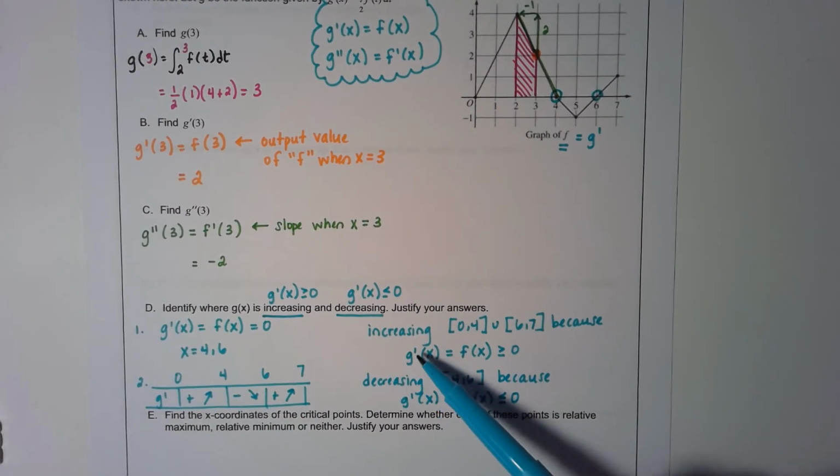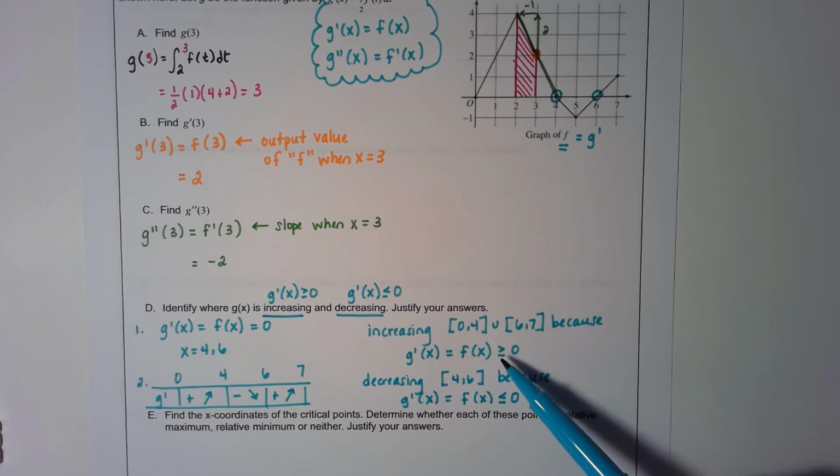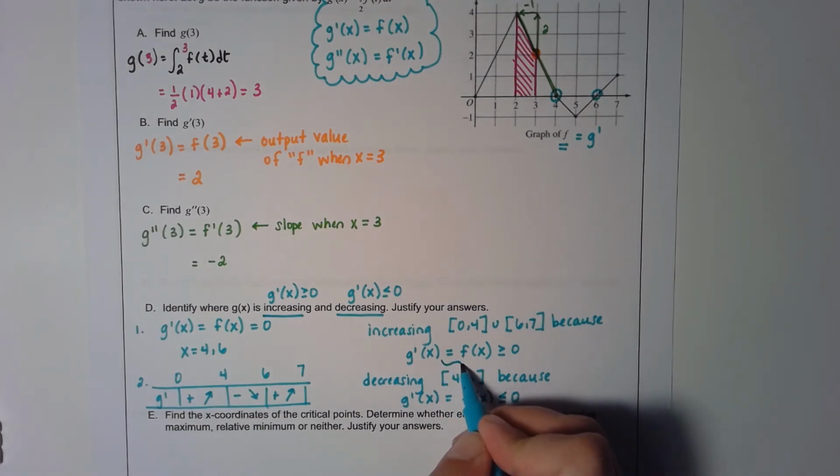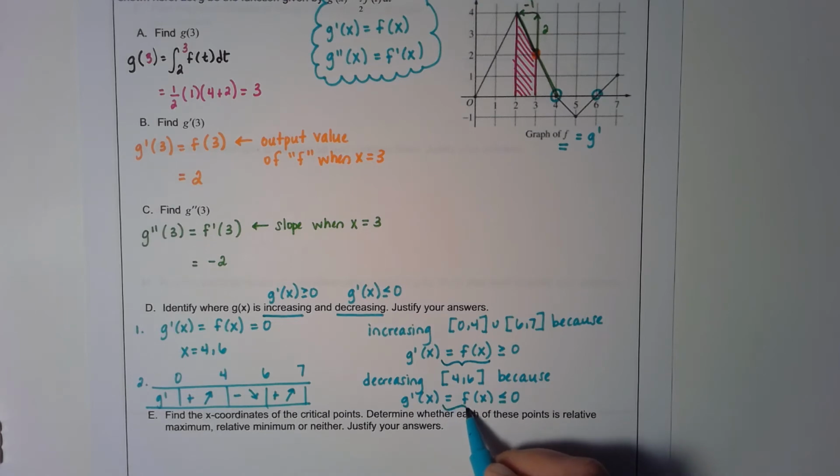Normally, we would just say g prime is greater than or equal to 0, but we need to show that relationship between g and f, since that's what makes this problem a little bit different than if I just said this is the graph of g prime from the beginning. You're kind of using your knowledge about derivatives to build that relationship here. So that's the piece that is new, is that you have to say this piece right here, that g prime, which is equal to f of x. You want to show that relationship between g and f.